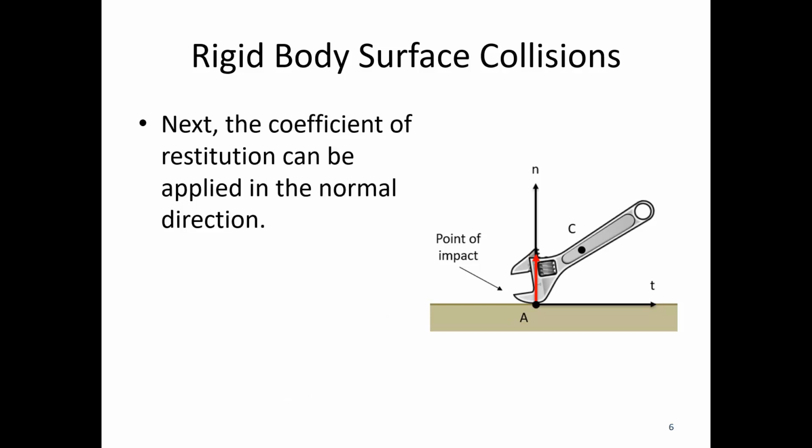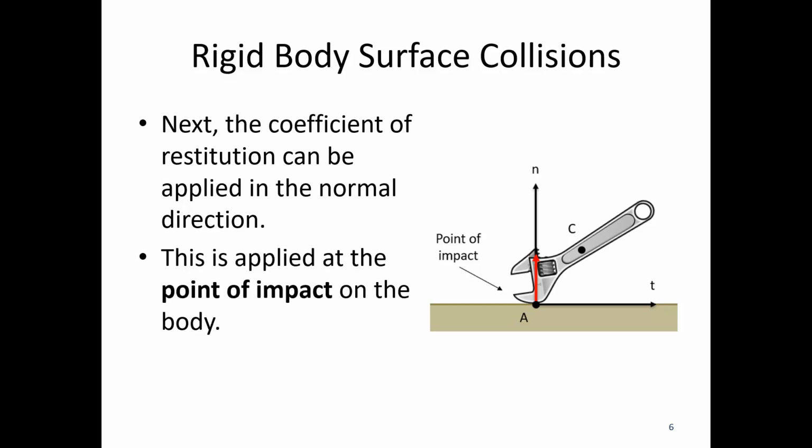Next up, we've got the coefficient of restitution, which can be applied in the normal direction. This is applied specifically at the point of impact on the body. The coefficient of restitution is equal to negative the velocity of point A, our point of impact, in the normal direction final, over the velocity in the normal direction of point A initial.